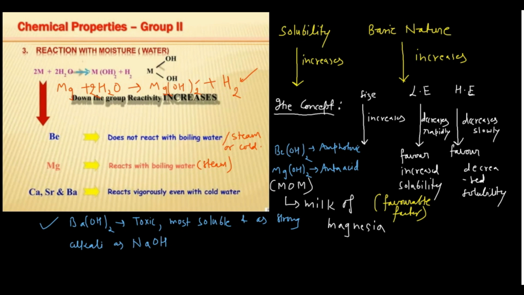This is another very important application, but remember, you can never use barium hydroxide, as barium and beryllium are toxic in nature. So we can never use the barium hydroxide for this one.